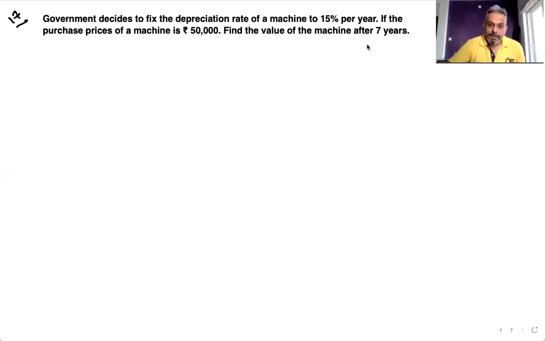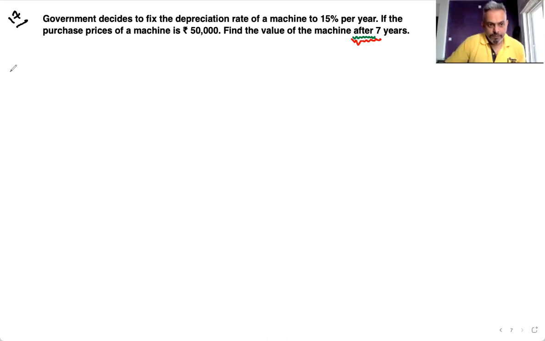Now, यहाँ पे depreciation है, तो rate जो दिया है उससे value of the asset will decrease, कम हो जाएगा. If the purchase price of machine is 50,000, यानी 50,000 में खरीदा, so what will be the value of machine after 7 years? Please underline this, after 7 years.